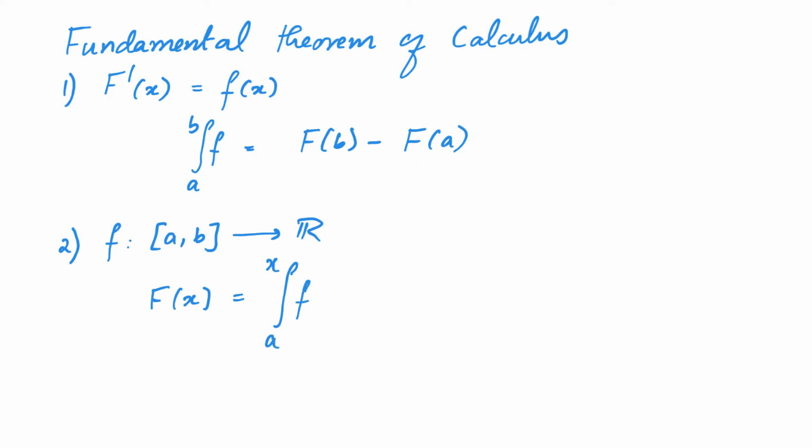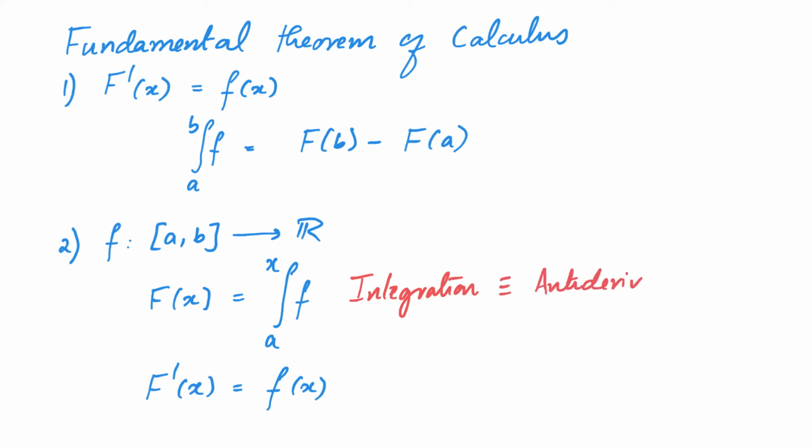If we define capital F in this manner, then it can be shown that F dash of x is equal to small f of x for all values of x. Recall that it is this second form that allowed us to consider integration as antiderivative. And that is part of the reason why it is so important.